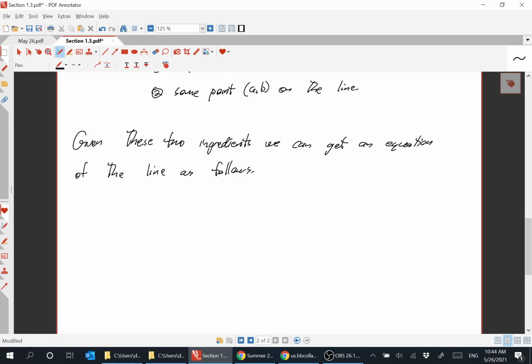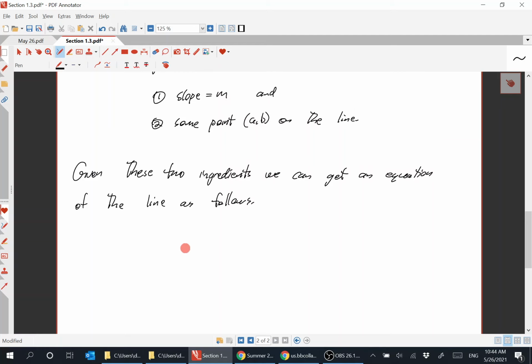Okay, the point slope form of the line will look like this. So y minus b is equal to m times x minus a, where you have to have this parentheses right there. This is called the point slope form of the line. And any point xy on the line must satisfy this equation.